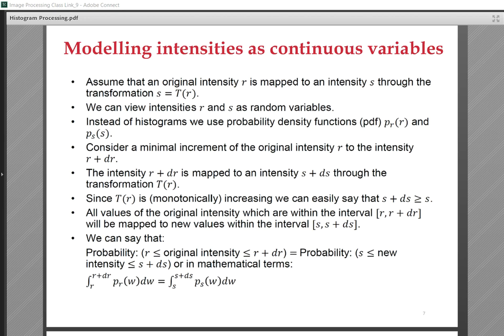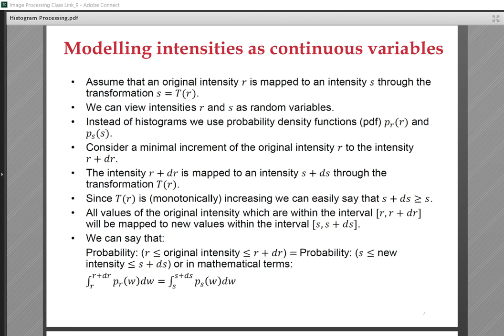Since T(R) is monotonically increasing, we can easily say that S plus dS is more than S, because R plus dR is more than R. That means when dR is positive, dS is positive.